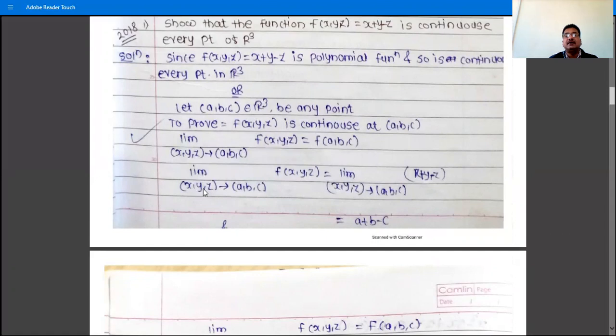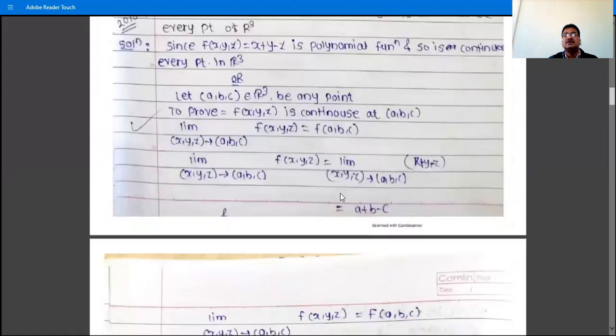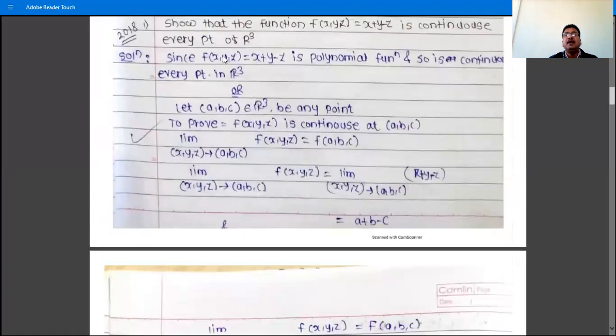So we'll find the limit as (x, y, z) tends to (a, b, c) of f(x, y, z). This is the definition of a continuous function. The limit of f(x, y, z) is x plus y minus z, and if we substitute x as a, y as b, and z as c, we have this answer. And what is f(a, b, c)? It is a plus b minus c.